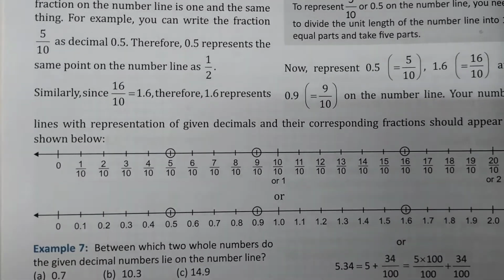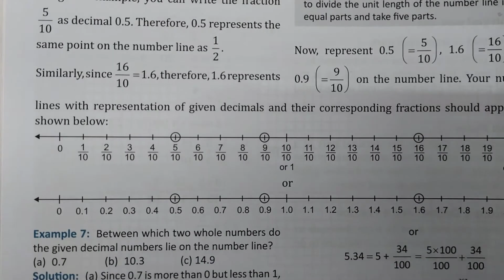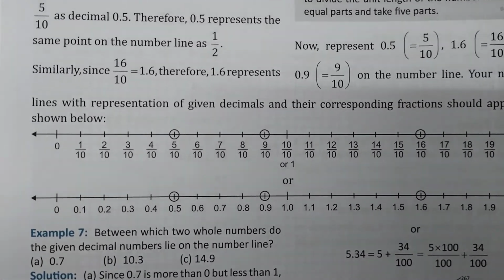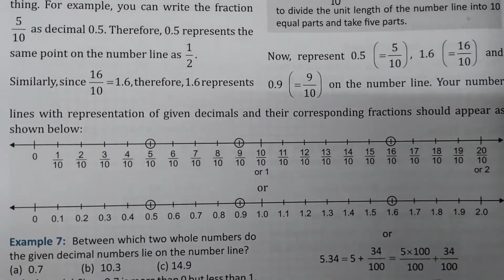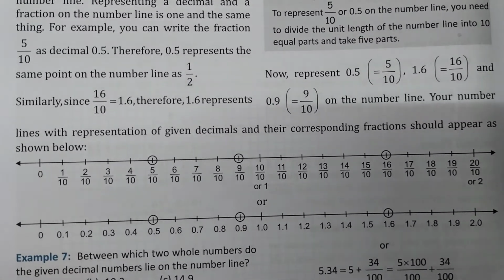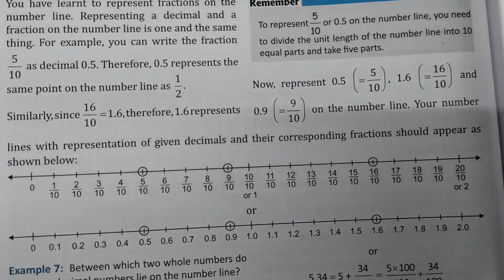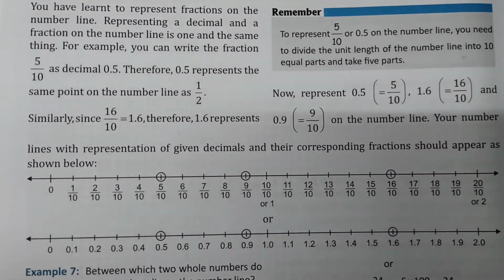Between 1 and 2 again there are 10 equal divisions, 11 by 10, 12 by 10, 13 by 10, 14 by 10, like this. Like that we represent the decimal.